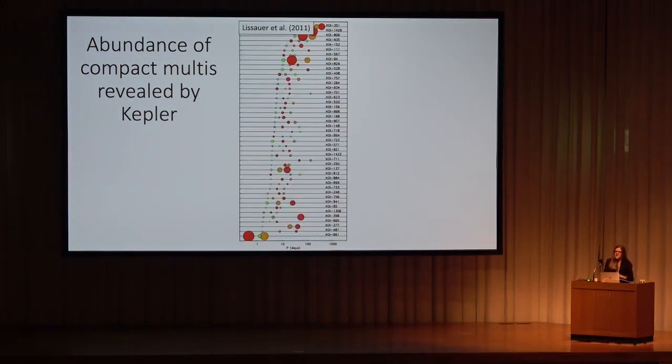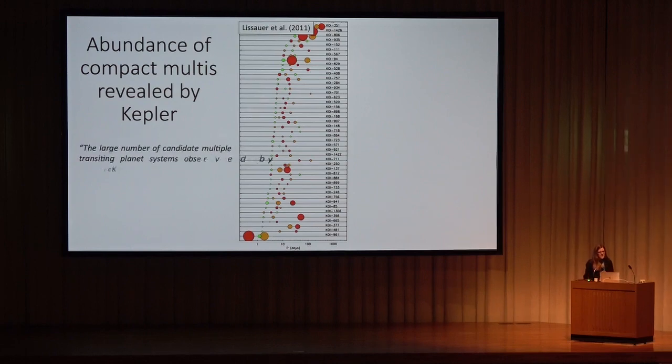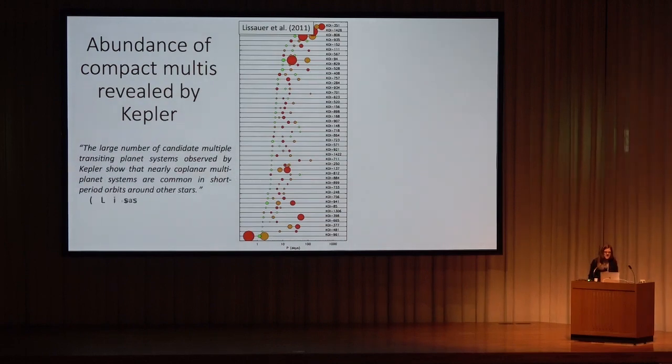Lissauer et al. in 2011 cataloged the multiple transiting planet candidates from Kepler and studied their architectures. They were able to identify that, quoting here, the large number of candidate multiple transiting planet systems observed by Kepler show that nearly coplanar multi-planet systems are common in short period orbits around other stars.